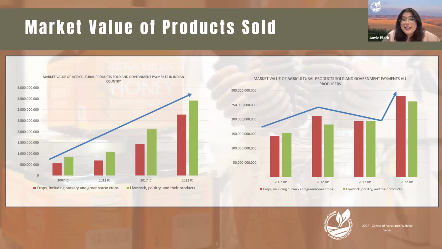As you can see by these charts, they're comparing Indian country numbers to all producers. And as you can see from the Indian country one, it's just a straight line increasing. Whereas all producers kind of took a hit in 2017 and decreased, and then they were able to try and come back. But again, Indian country has just been steadily going up.